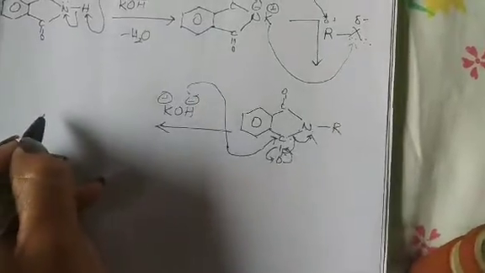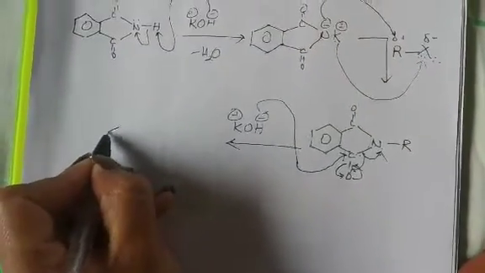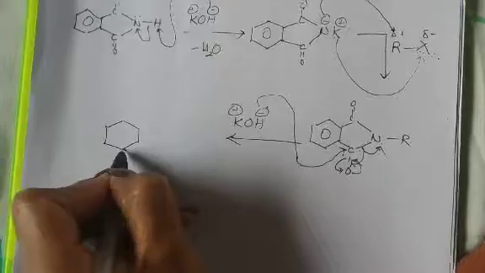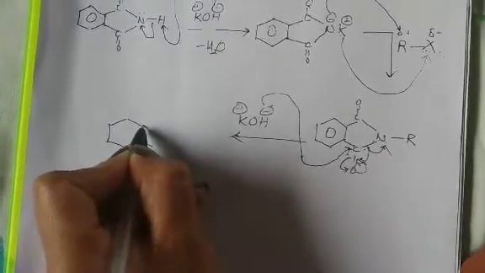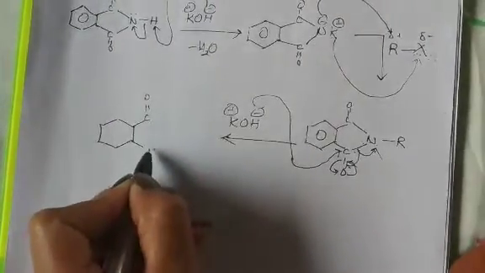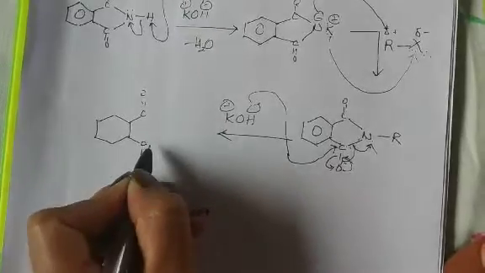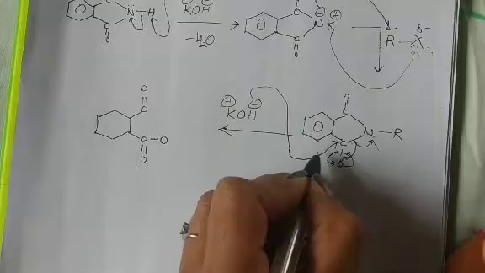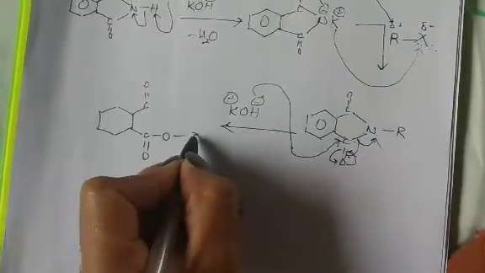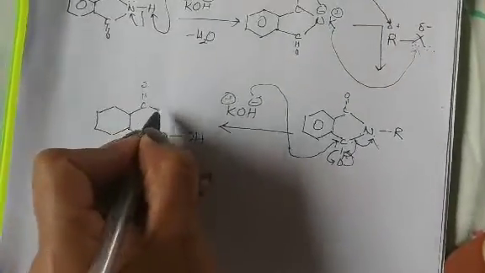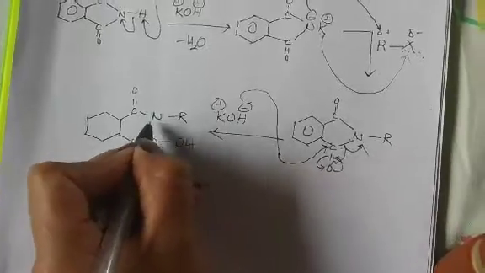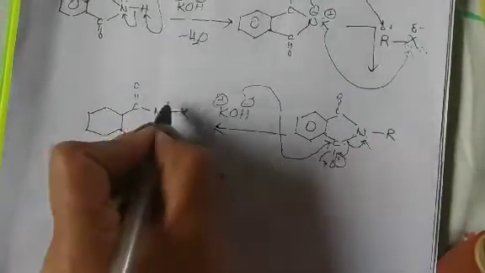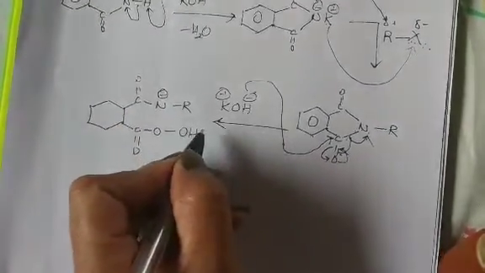Now we would get our resulting product: the C=O remains here because that bond was not broken, OH came and attached to the carbon atom, and then we have our N. Our N took away both the bonding electron pairs, therefore it becomes negative.